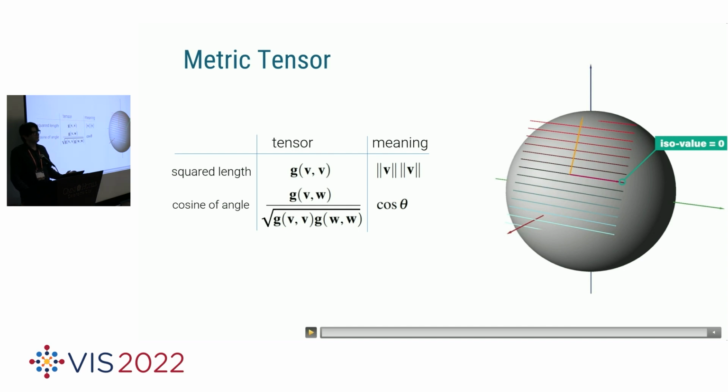So the metric tensor is the inner product between two vectors, but you can imagine it a bit as converting one vector into a one form and then evaluating the one form. I guess there are other options for how to visualize it, but this is one choice that we made here.